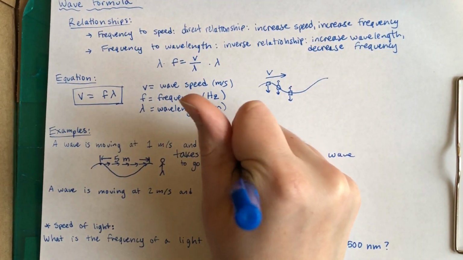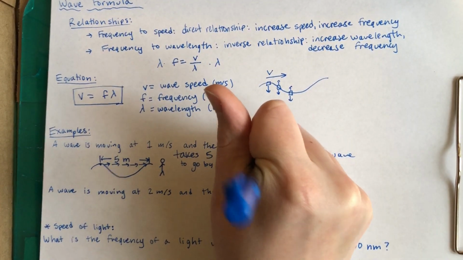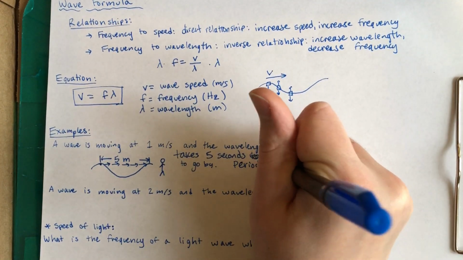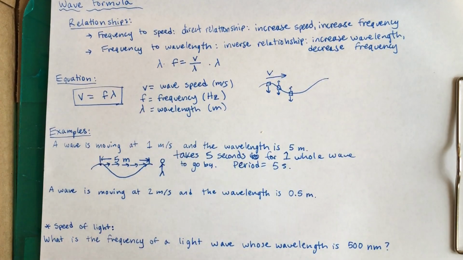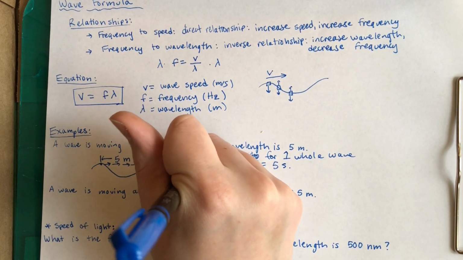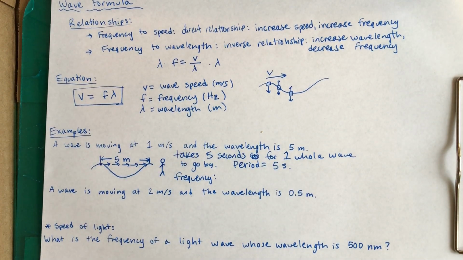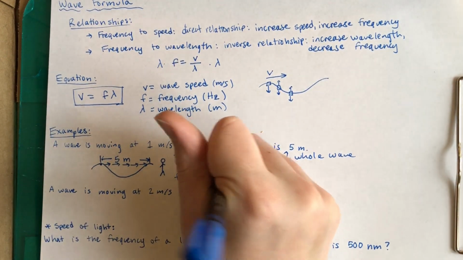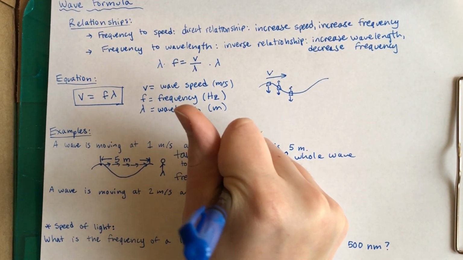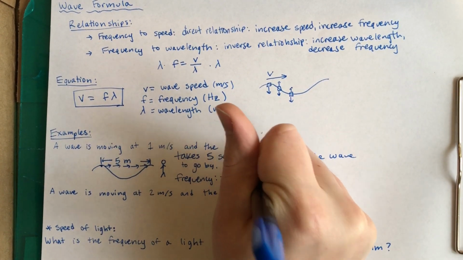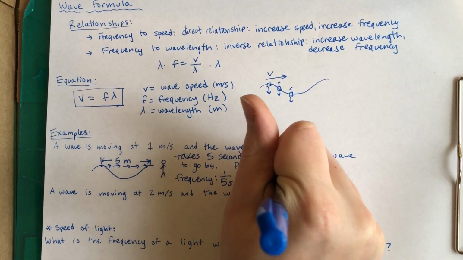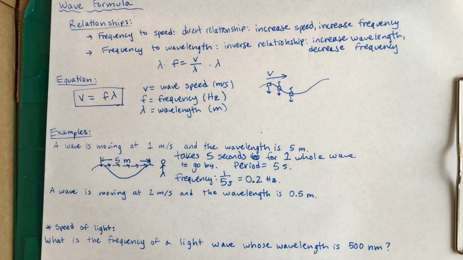So that means that the period would be 5 seconds. That means that the frequency would be 1/5 per second, which would be 0.2 hertz.